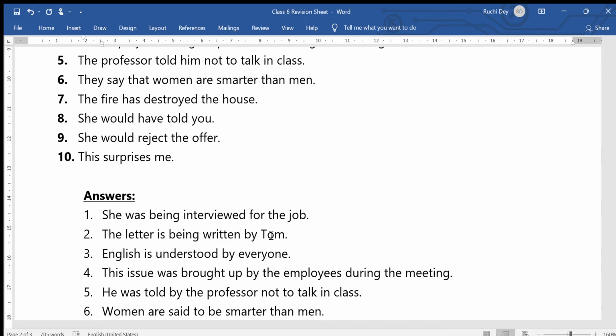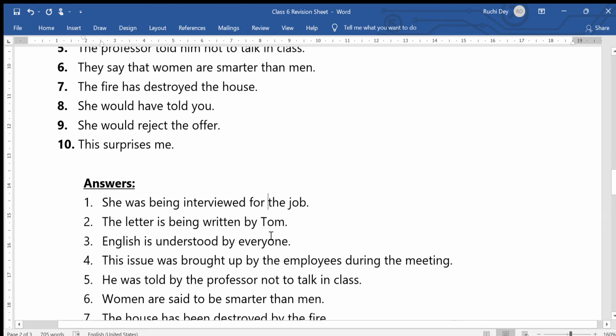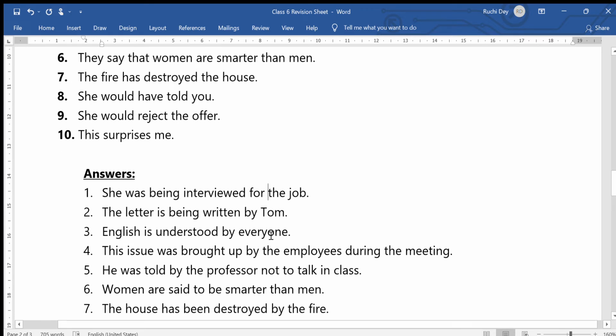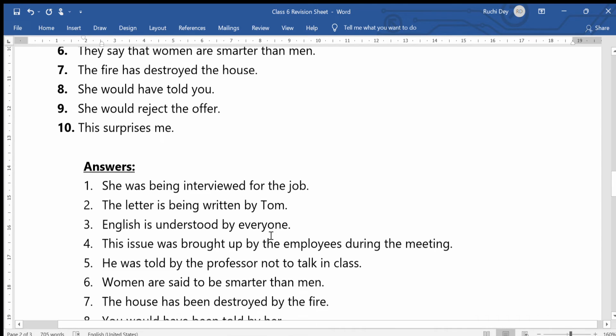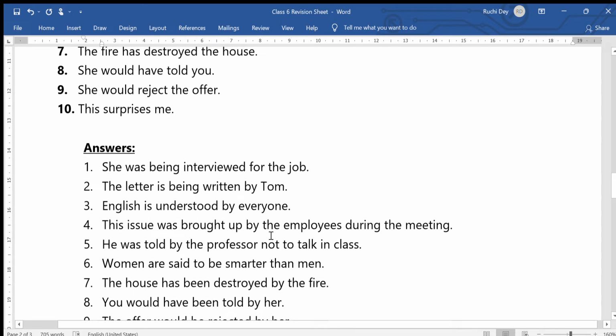The fire has destroyed the house. So, obviously, the house comes in front now. See, the house has been destroyed by the fire. She would have told you. Now, see, you comes in the beginning. You would have been told by her. The ninth one. She would reject the offer.